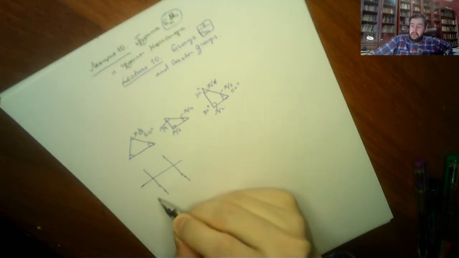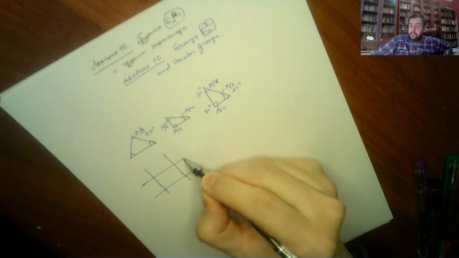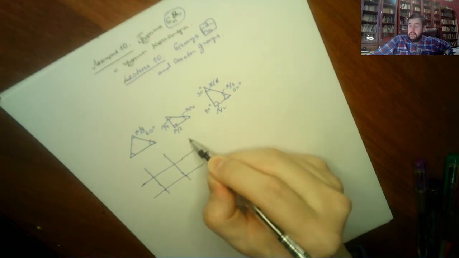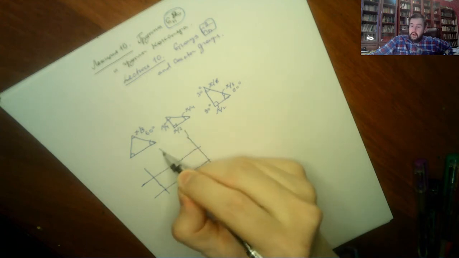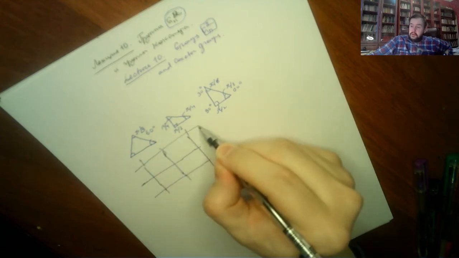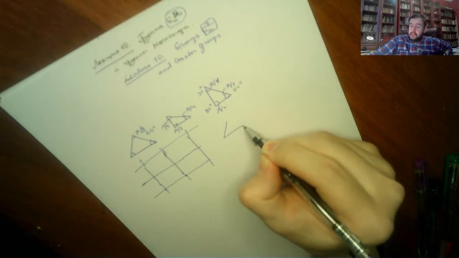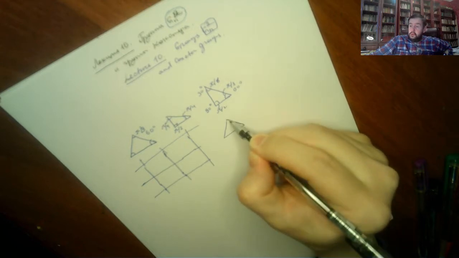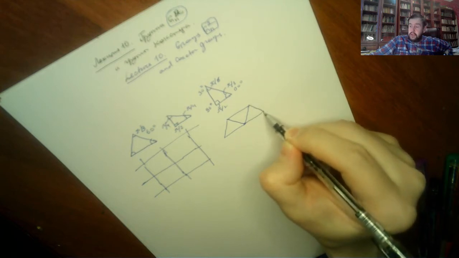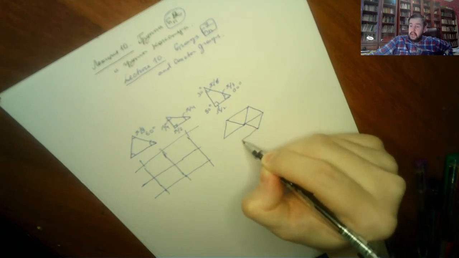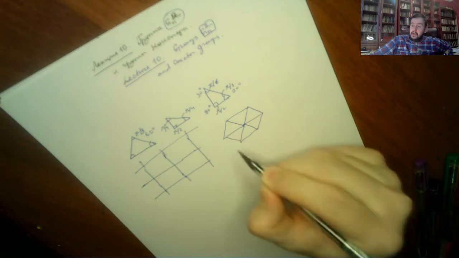And for example, we can do it for squares, so we get our usual square paper. We can do it for triangles. So we have 6 equilateral triangles at one vertex, and also we can do it for hexagons.